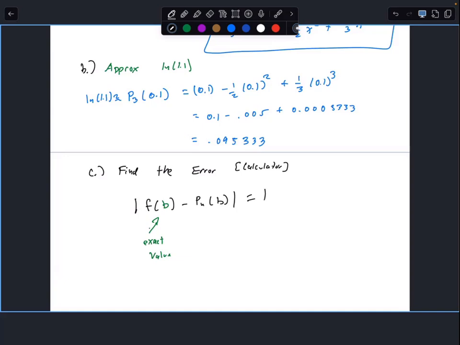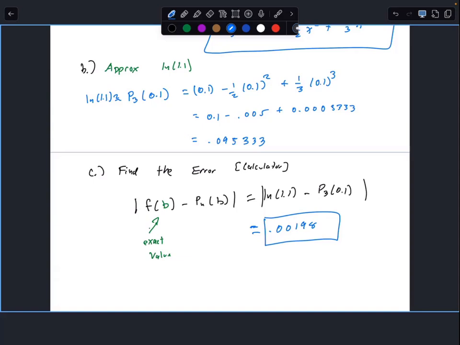So it's the natural log of 1.1 minus P3 of 0.1, the absolute value of that, which is going to give me, I'm just going to do the math here, minus 0.095333, which gives me 0.00198. That's good enough. And so that's how much our approximation is actually off by.